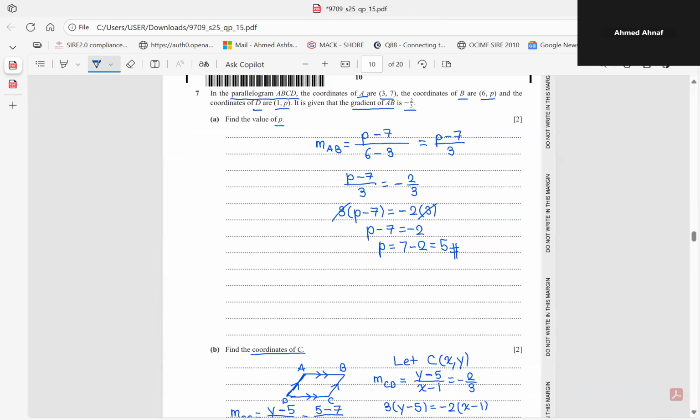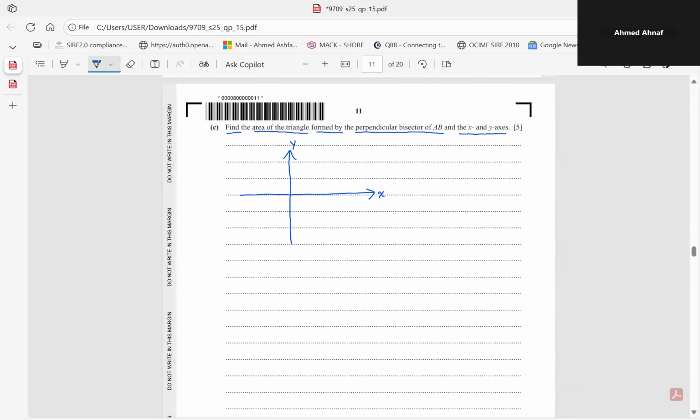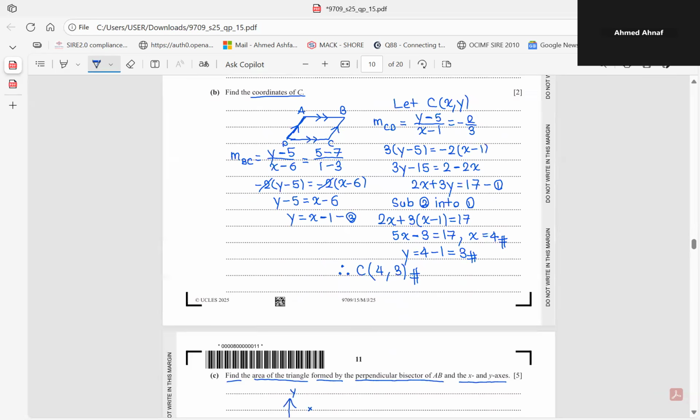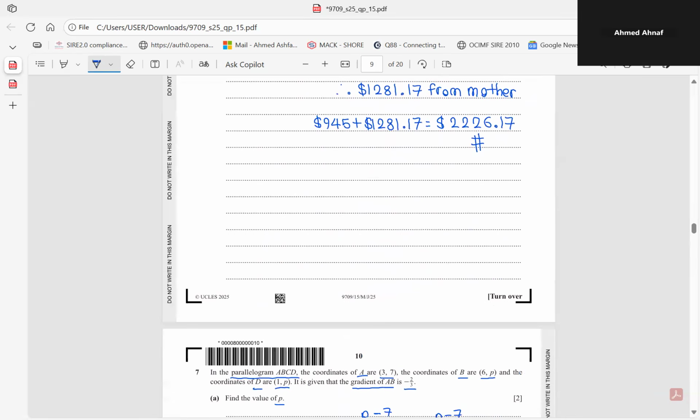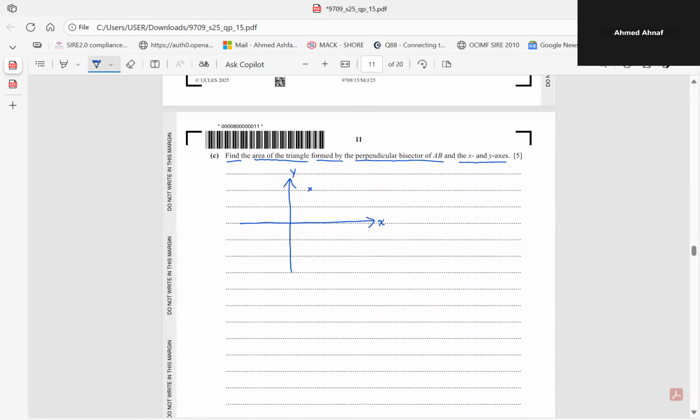Let's sketch that too. So A is (3, 7), so we'll let A be here. And our B is (6, P), so (6, 5). So that is right here. And the perpendicular bisector will be like this.